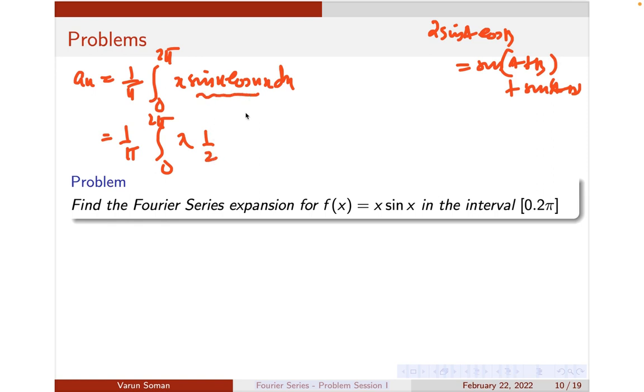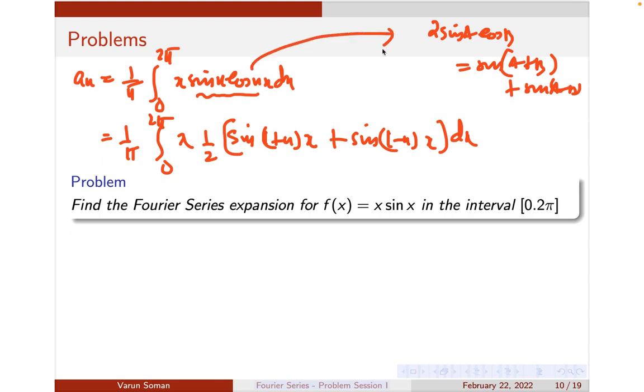It will be sin of x plus nx, or sin of 1 plus n into x, plus sin of x minus nx, so sin of 1 minus n into x. Be careful here, very simple thing, I just used this formula to split it into 2.